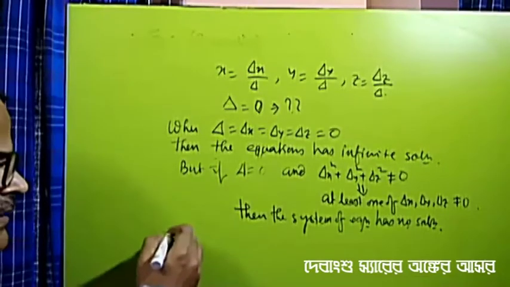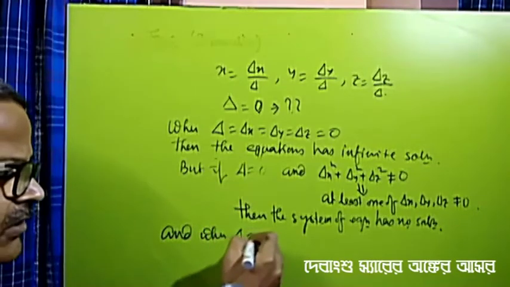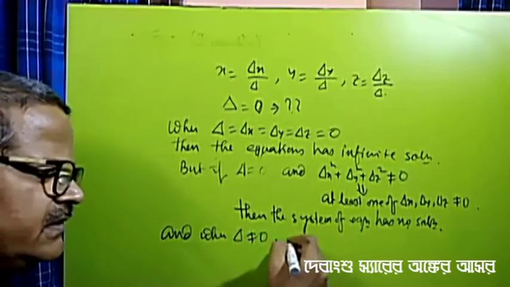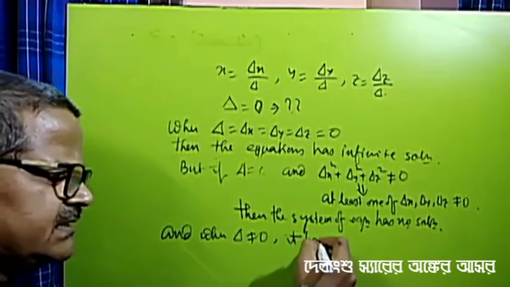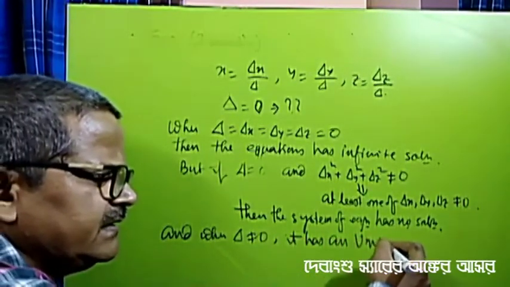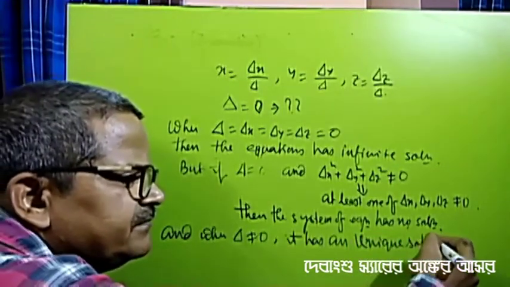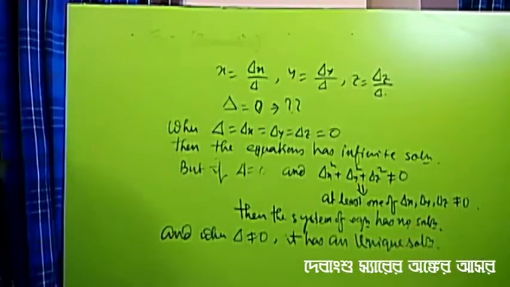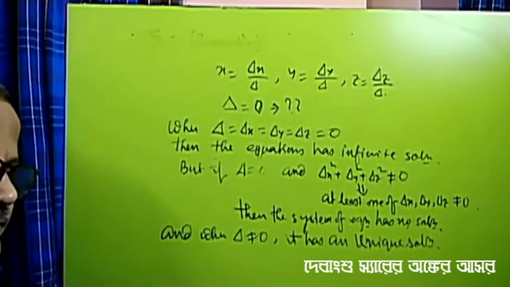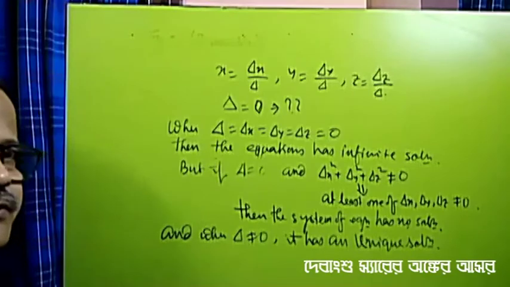And when delta is not equal to 0, it has a unique solution. It has a unique solution when delta is not equal to 0.